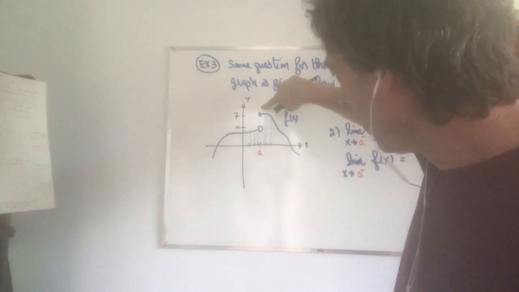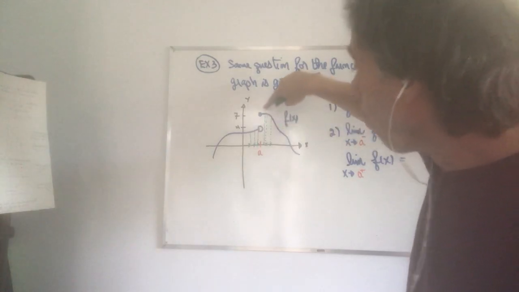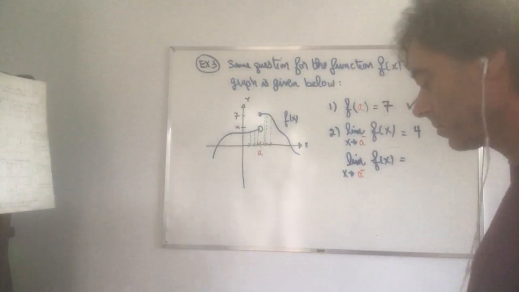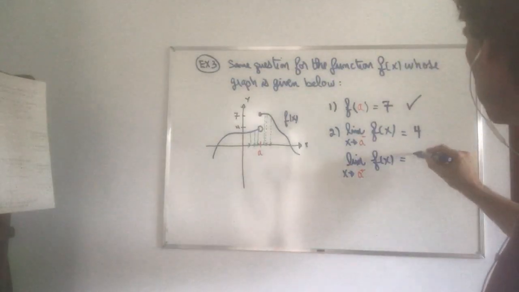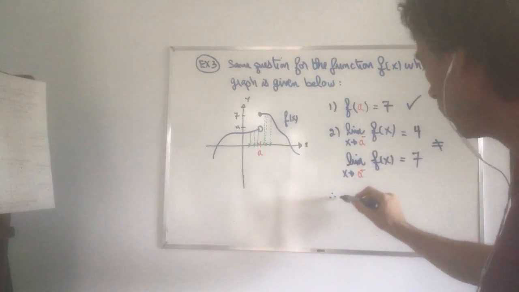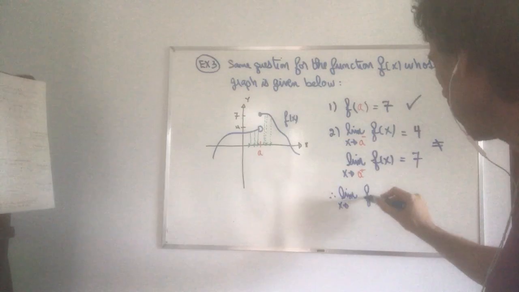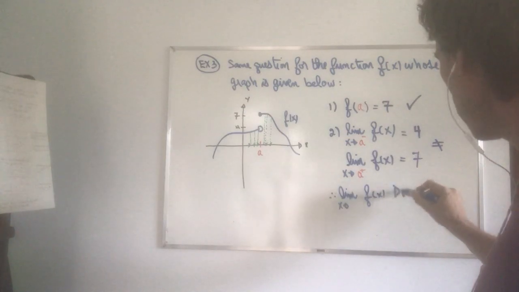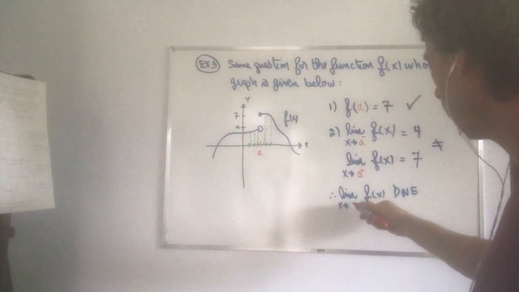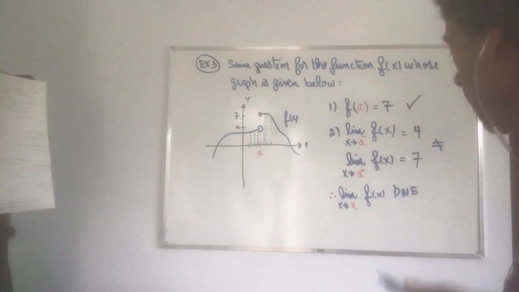Once again, it has nothing to do with the fact that the point is closed or open. It is what we are getting close to that matters. We are getting close to 7. These two values are not equal to each other. Right away, I can tell that the limit as x approaches a of f of x does not exist. And that means that condition 2 fails.